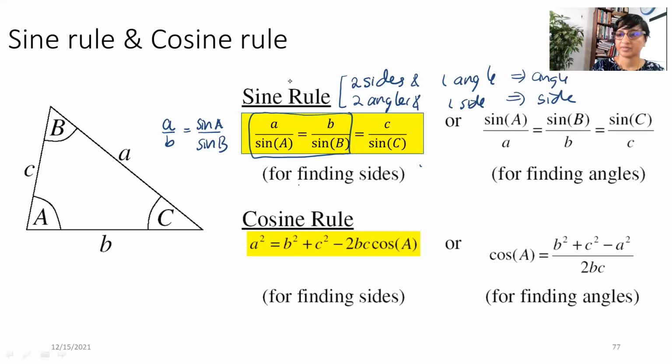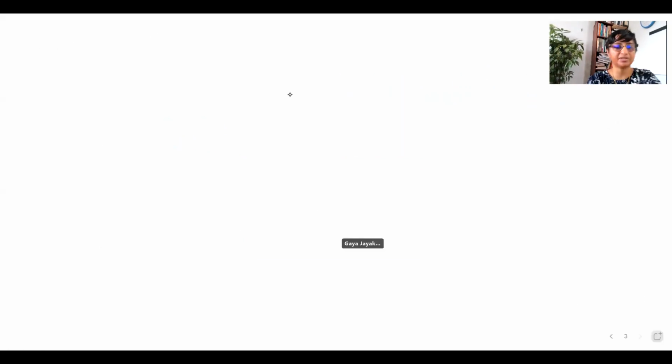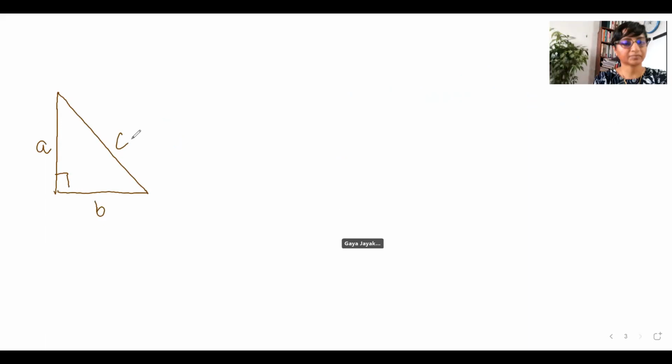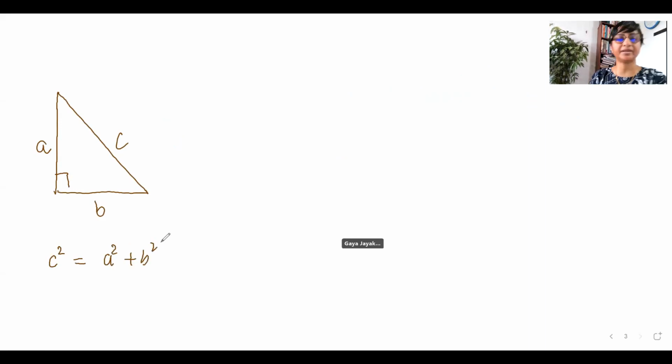Cosine rule: I want you to see a similarity. When you have a right angle triangle, and the three sides are A, B, and C, Pythagoras theorem says C squared is equal to A squared plus B squared, right?